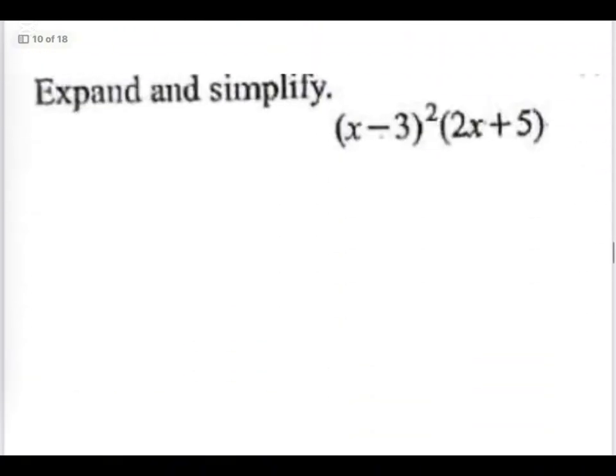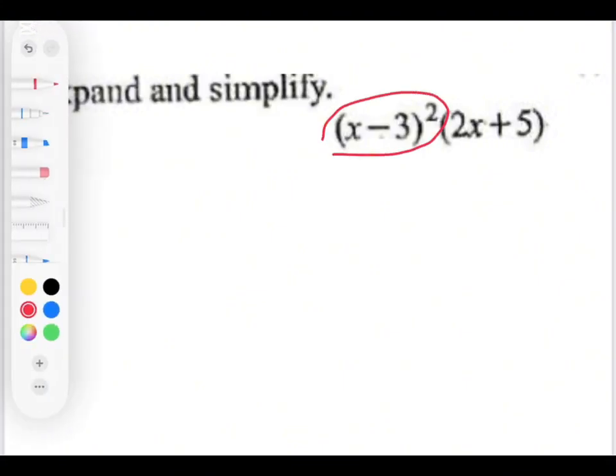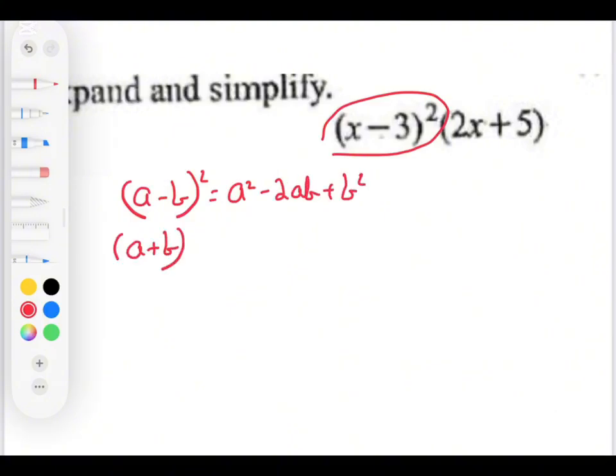Now expand and simplify (x - 3) whole square multiplied by (2x + 5). So I have to apply the formula. We have two formulas when there is a whole square. One is (a - b)² equals a² - 2ab + b², and the next is (a + b)² equals a² + 2ab + b².